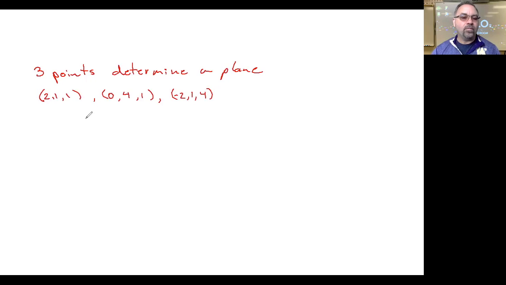So let's see. We would probably want to turn these into 2 vectors, which of course we can do. I'm going to call one vector u vector, and I'm simply going to take the vector from (2, 1, 1) to (0, 4, 1).